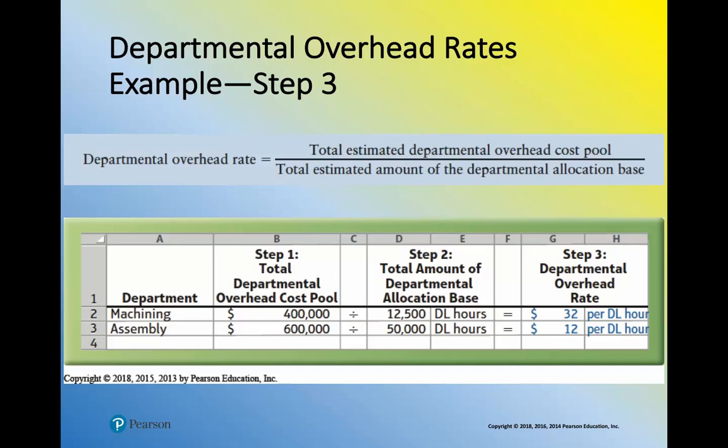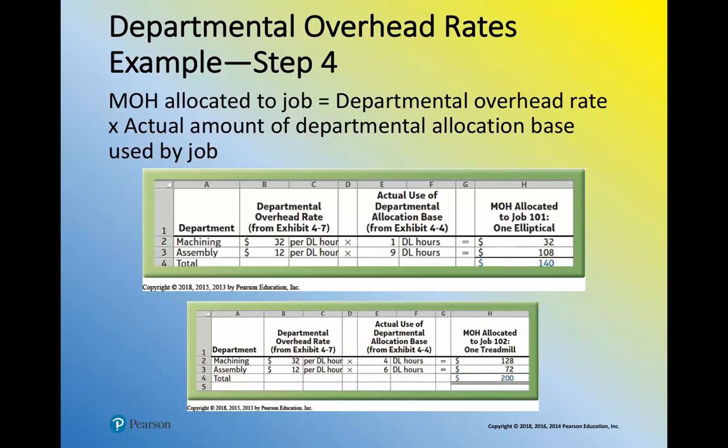If we remember back from our 2 departments, the requirement was 10 direct labor hours. One of them, the elliptical machine, only used 1 machining hour and 9 assembly hours, whereas the treadmill used 4 machining hours and 6 assembly hours. With a plant-wide rate, those 10 hours aren't treated any differently, but we'll see here in a second that for our elliptical, which is our top box, we only use 1 machining hour, so that's only $32.